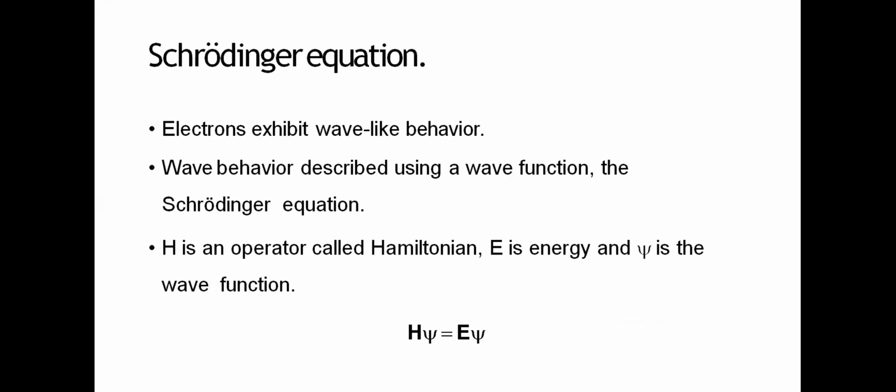How can the wave behavior be calculated? It can be described by using the wave function, and the wave function is this trident-like symbol. This is the unit of wave.